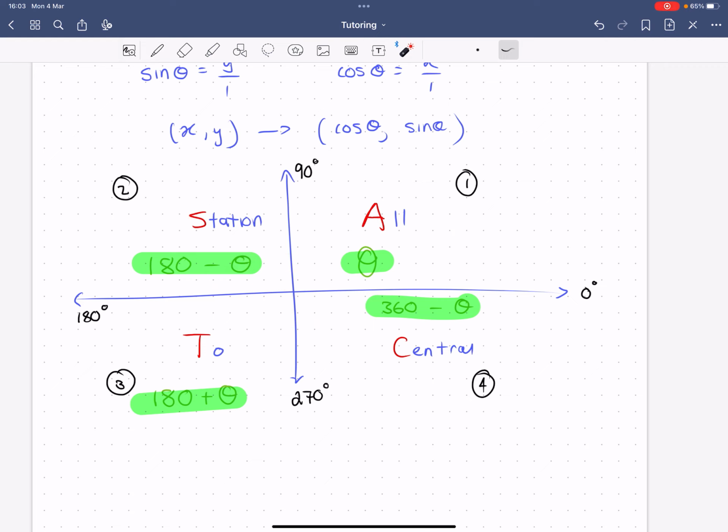So this quadrant is 180 minus theta. If I want this angle here, it's going to be 180 plus an extra theta. And if I want this angle here, it's the same as going all the way around by 360 and then taking off theta. That's why those are the case.